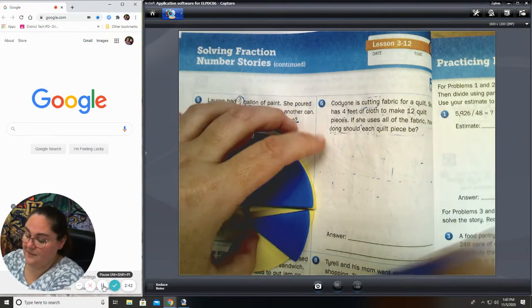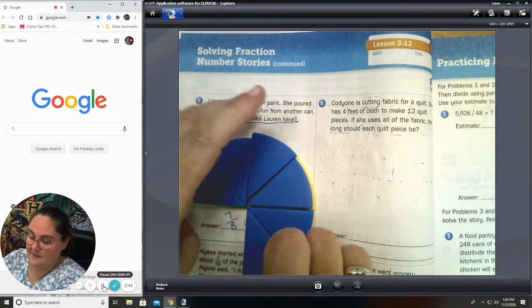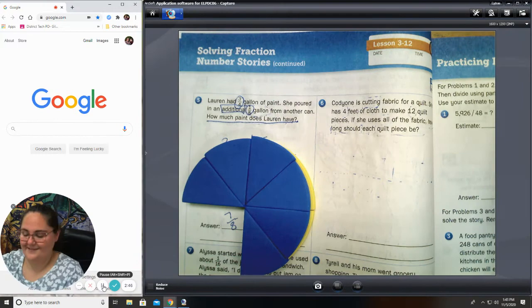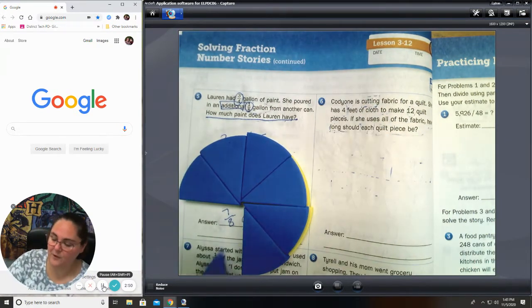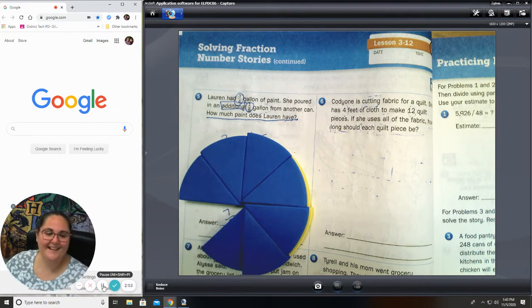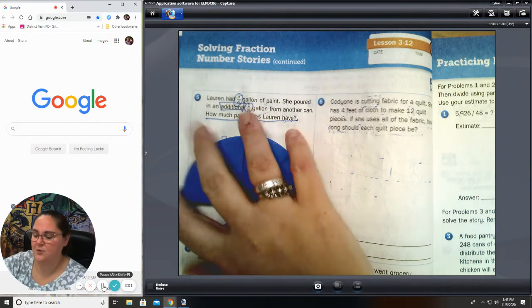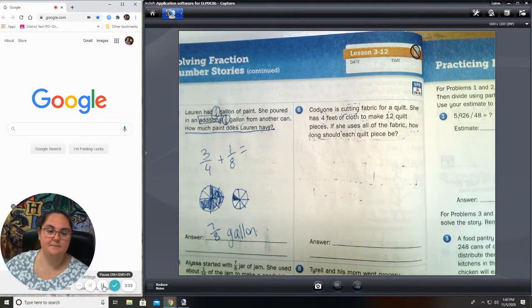Because remember, I have to have a common denominator. I can't just add. Here we go. And that matches up. Perfect. 3/4 plus 1/8. How many eighths do we have? 7/8. Same answer. That's how you would use your picture or fraction circle pieces for this one.